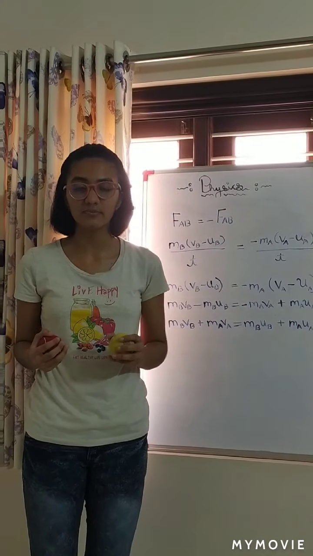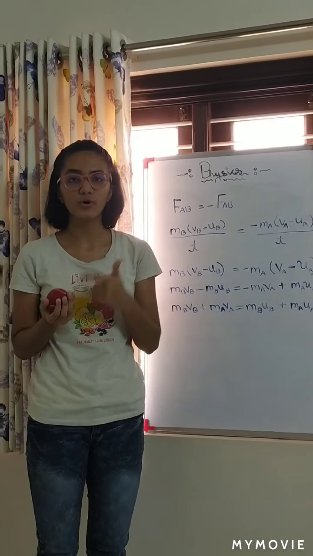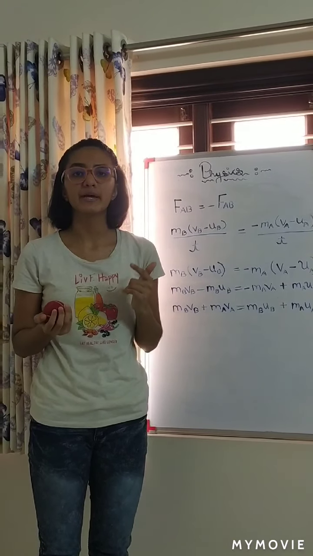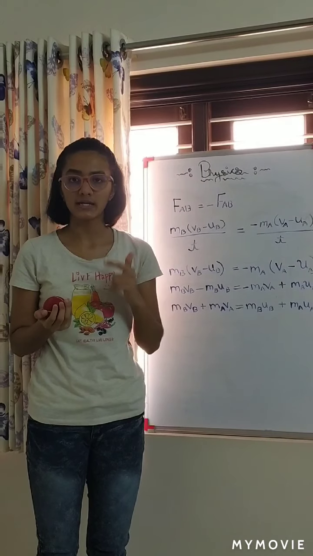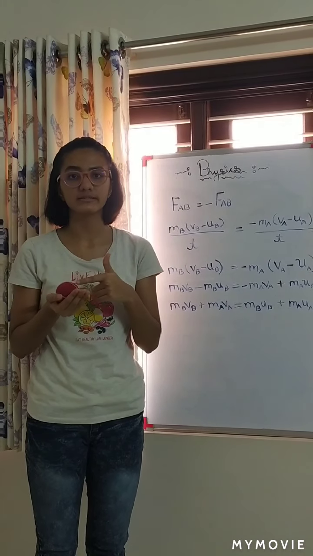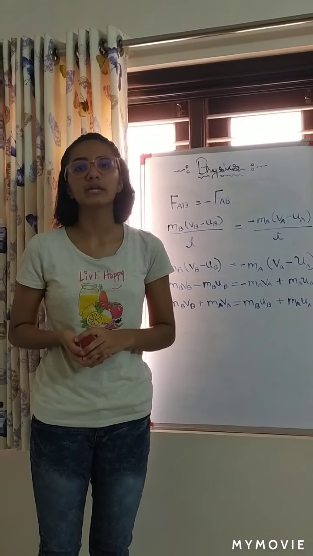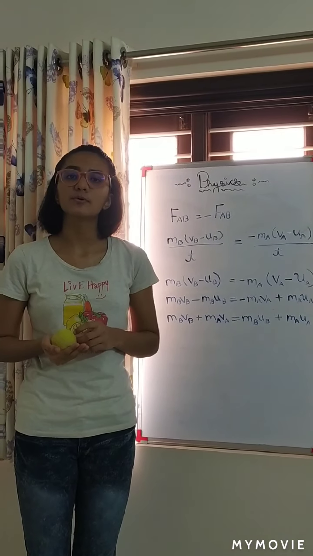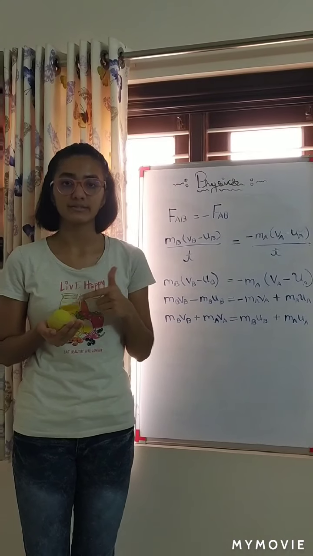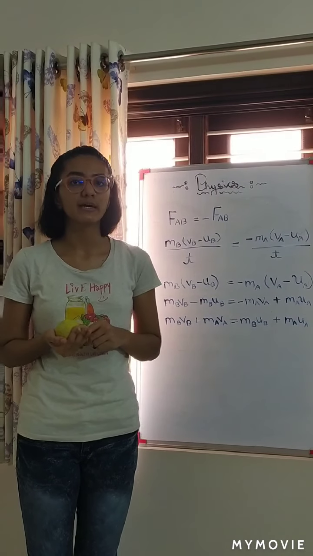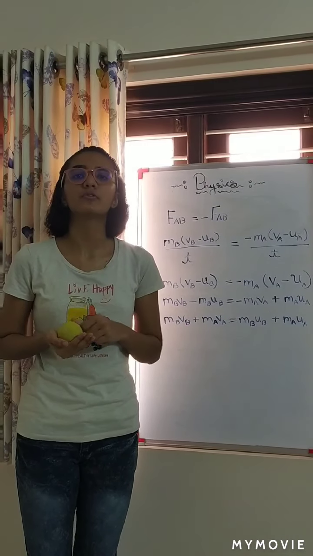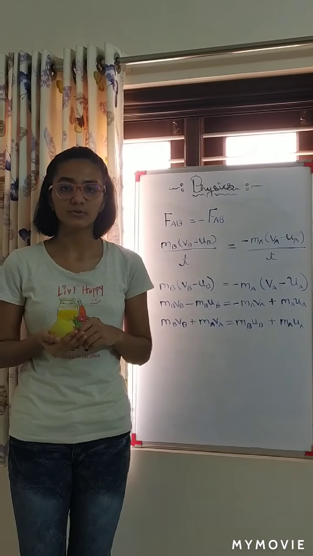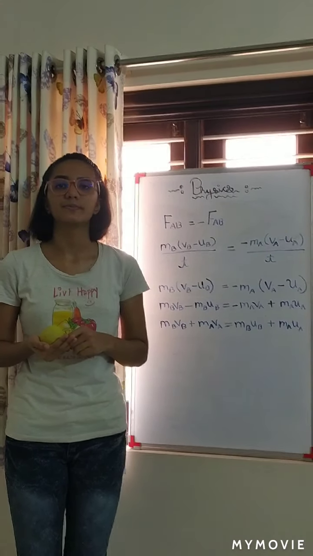Then the initial momentum of ball A is Ma × UA and the final momentum is Ma × VA. Similarly, the initial momentum of ball B is Mb × UB and the final momentum of ball B is Mb × VB.